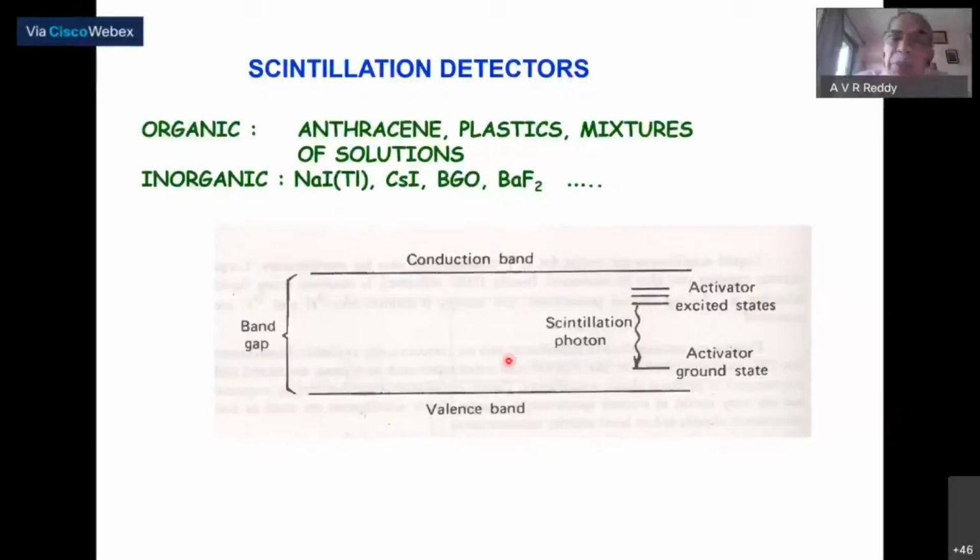So the net process is that this doping or activating with thallium is to have the emitted photons in the visible region, so that the PMT is compatible with these photons, or the photocathode of the PMT will undergo a photocathode interaction.